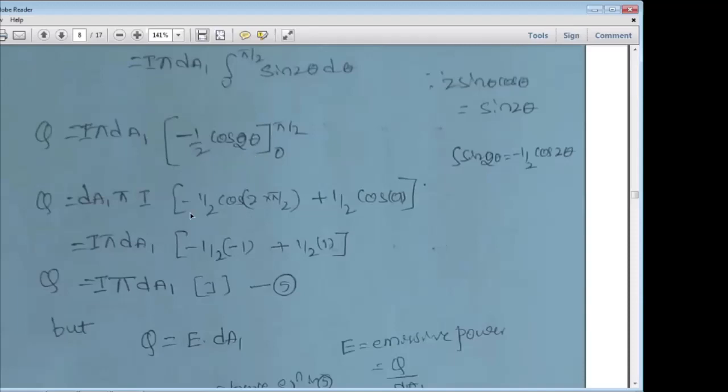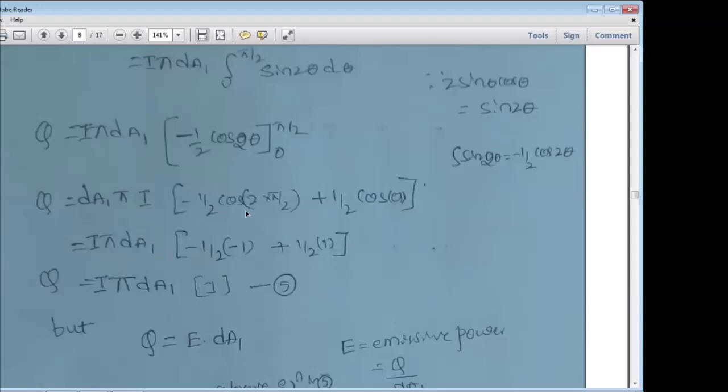So this is minus 1 upon 2 cos 2 into pi by 2, plus, since the minus becomes plus, 1 upon 2 cos of 0. Here we put the limit 0. Then again simplify: I into pi into dA1.